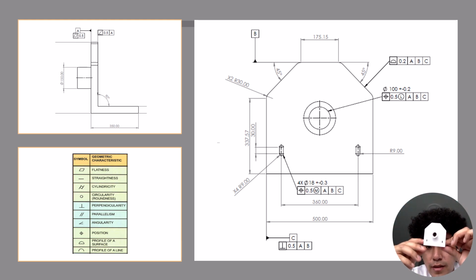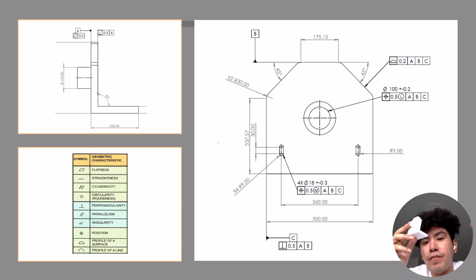These are 18 millimeters per hole with an MMC of 0.5, with respect to the primary, secondary, and tertiary datum features. It's the same for the 4 holes.